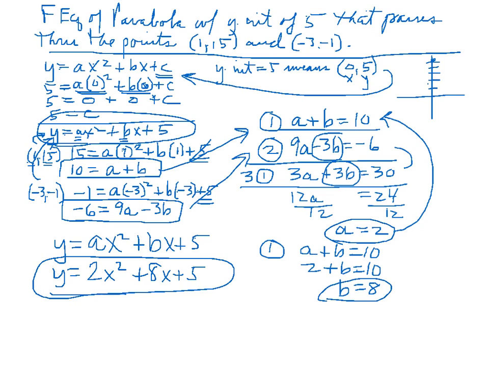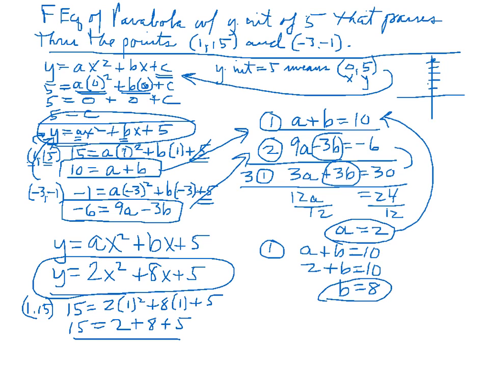If you plug the 2 points in, the first one, (1, 15) was the first point, then you get 15 is equal to 2 times 1 squared plus 8 times 1 plus 5. You can see you get 15 equals 2 plus 8 plus 5.